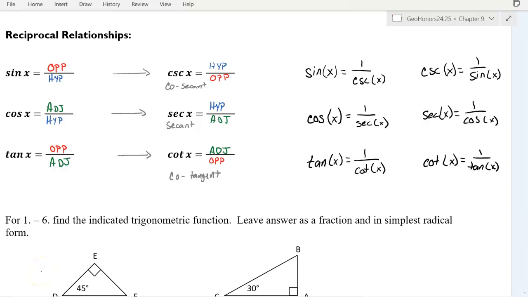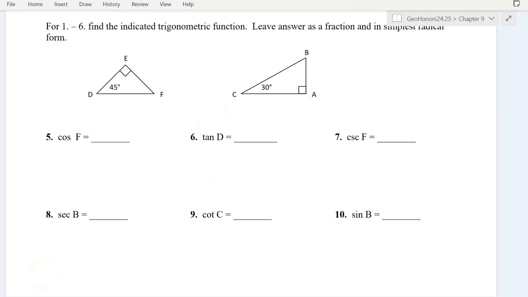And those values look like this. There are two things we are going to ask you to do with regard to these reciprocal functions. First is just to be able to determine the value of these reciprocal functions. Just like we were determining the value of the cosine of an angle, we want to determine the value of the secant of an angle. And we can do that by using our relationships.